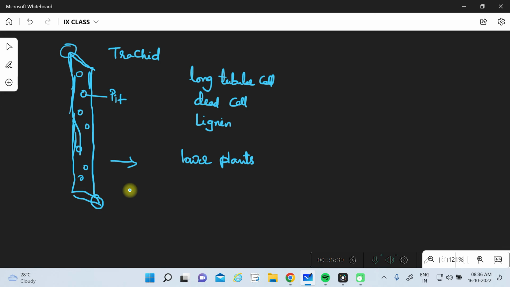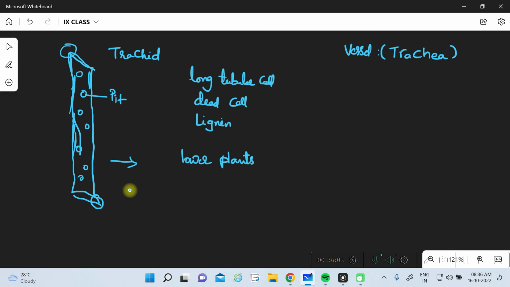Now we will look into the vessel. A vessel is nothing but a bigger tube to carry more amount of water. So the vessel helps to conduct more water when compared to the tracheid. The vessel is a bigger tube, and it is also technically called trachea.